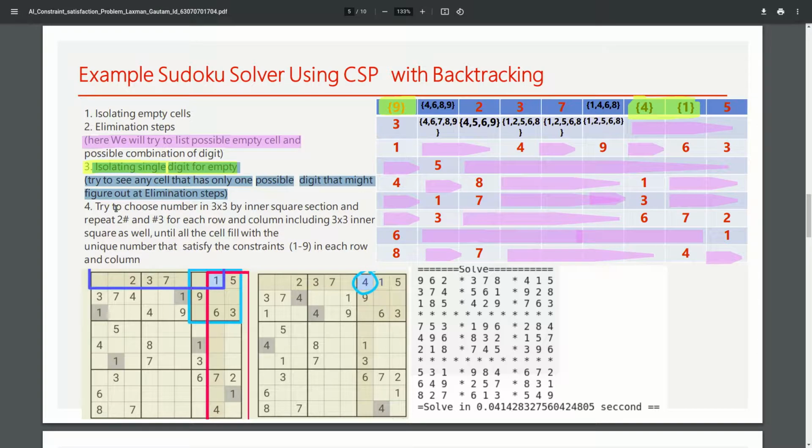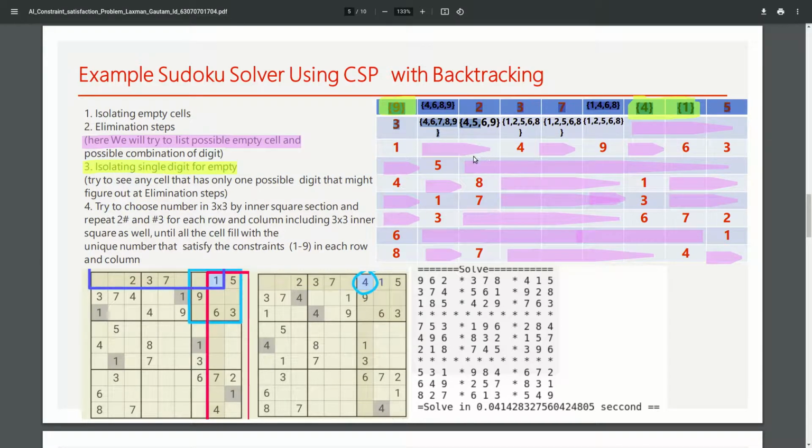In the fourth step, we choose that number and repeat the second and third steps on every 3 by 3 subsection of the Sudoku board.